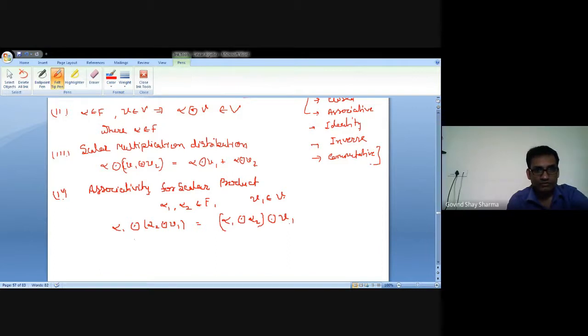Fifth is 1 dot v1 equals v1, where 1 belongs to F is the identity.